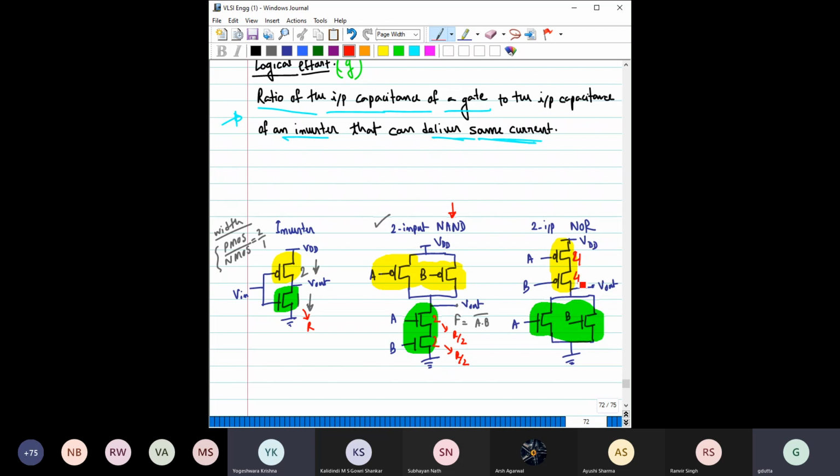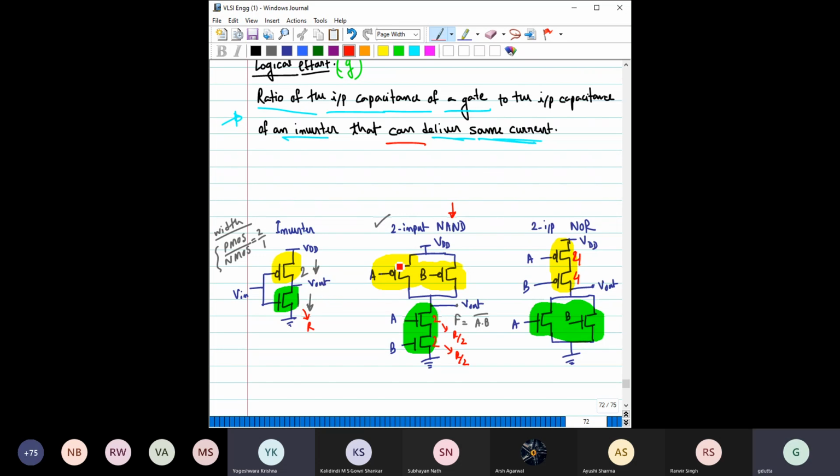Then only the pull up network of this and the pull up network of this would be equal. Or in other words, this pull up network and this pull up network can deliver the same current for charging. Or we can say this pull down network and this pull down network can take out the same amount of current while discharging, right?